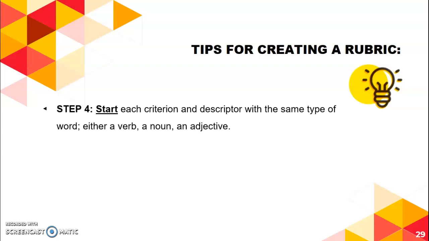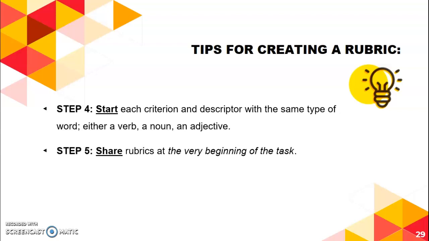Remember that each criterion and descriptor should start with the same type of word, either a noun, a verb, or an adjective. For example, pronunciation is intelligible at all times. Vocabulary is well used and varied.